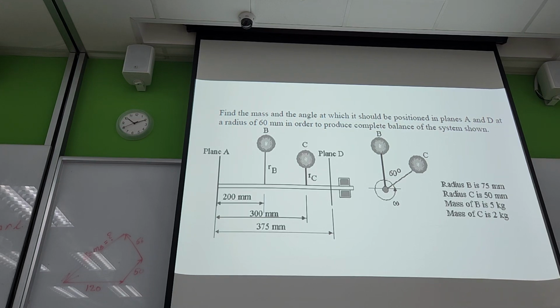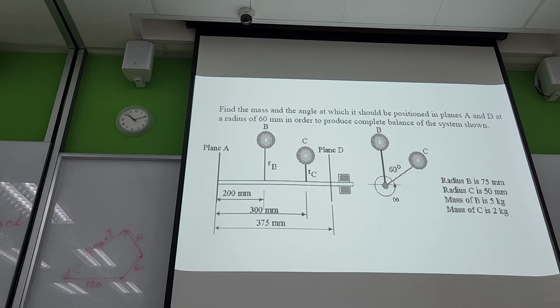Because we need to find out mass A and mass D. Okay, the angle between B and C is given, 60 degrees.